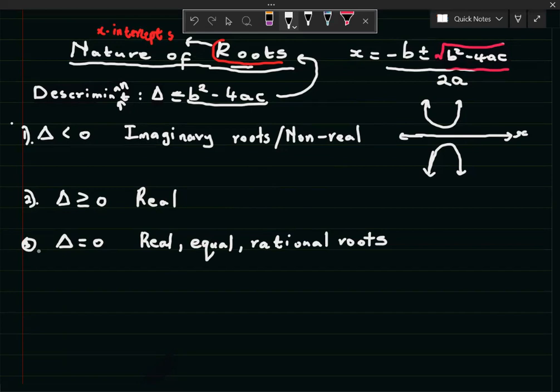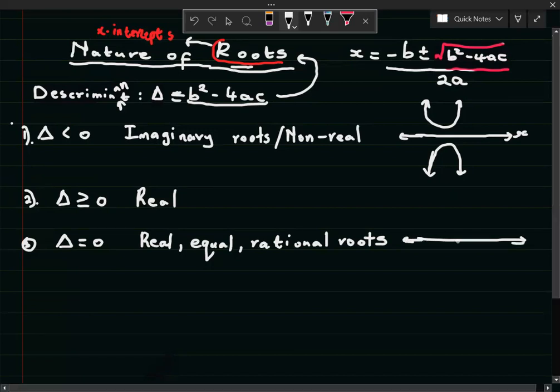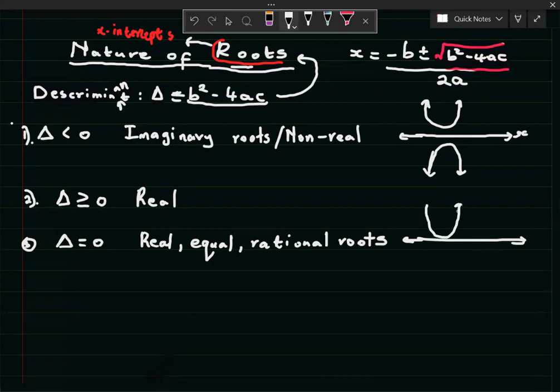And then I'm going to show you how this one looks on your parabola. So this is how it's going to be looking on the parabola. Your graph is either going to be, if it's facing up, going this way. So it only touches the x-axis once. If it's going down, it's going to be doing this basically.